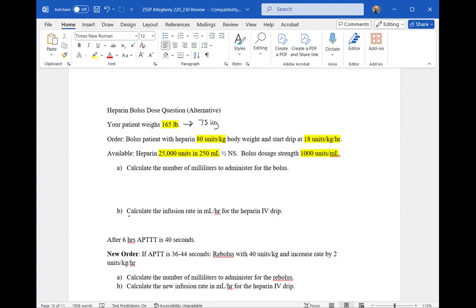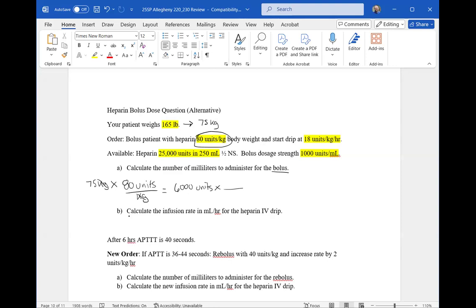All right, now all I'm going to do is just follow the protocol. 75 kilograms, and I'm calculating the bolus. So my initial bolus is 80 units per kilogram. And again, I'm not making that up. If I forget, I'm just referencing what's written here. 75 times 80 gives me 6,000 units.